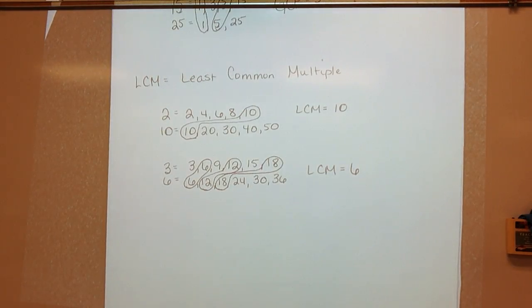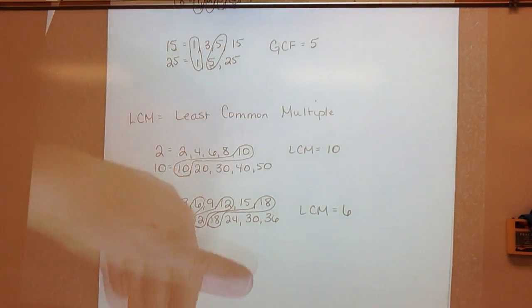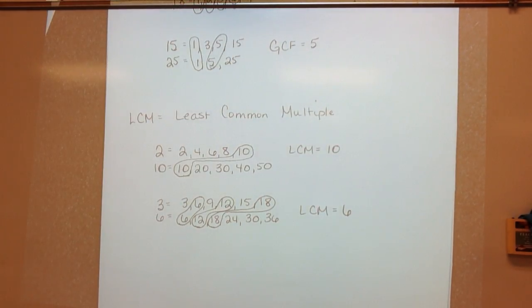Now, there is a different way for you to find GCF and LCM other than listing all of this. I'm going to show you that, because you're going to see things written a little differently on different types of problems. You might have a prime factorization.